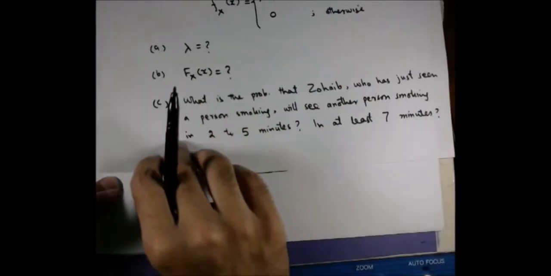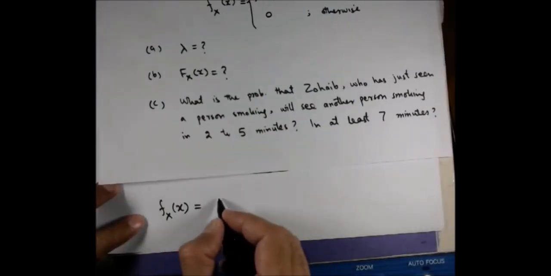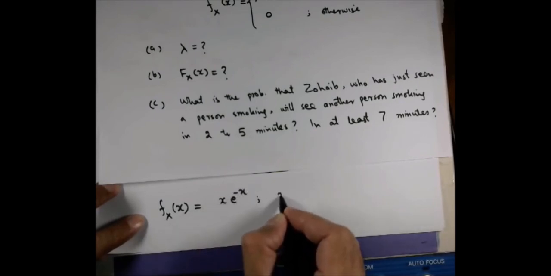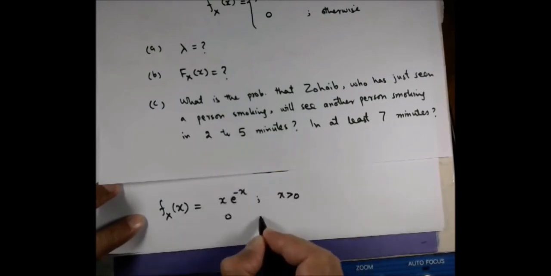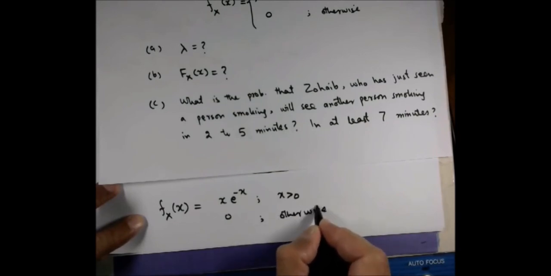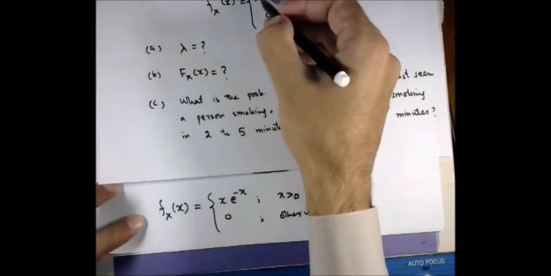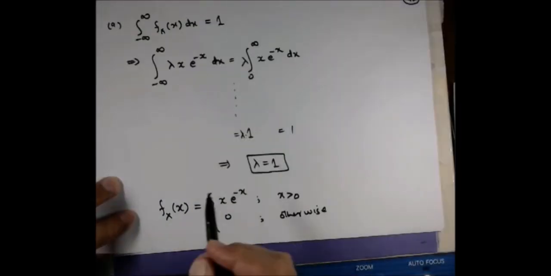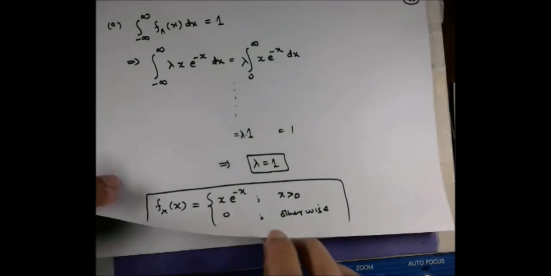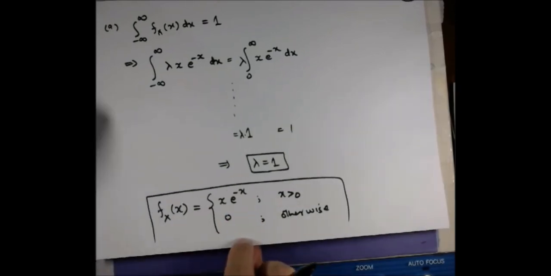So this expression becomes f sub x is equal to x e raised to power minus x for x greater than 0 and 0 otherwise, because lambda is equal to 1. So now we'll utilize this expression as the PDF of the random variable x.